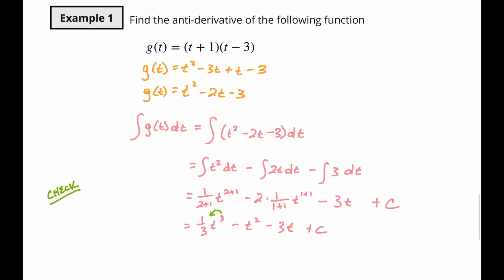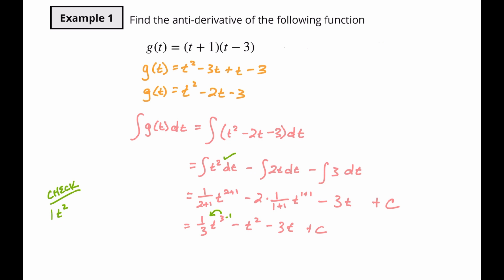Now, as I mentioned, I always like to check my work by doing a quick derivative, so let's do that just to make sure that we did all of our integration right. After all, this is the first time we're doing integration, right? So here's our check. 3 goes out here, so we're going to have 3 times 1/3, which is 1, t to the 3 minus 1 power, that's going to be t squared. Okay, check. And then we're going to have minus t squared.